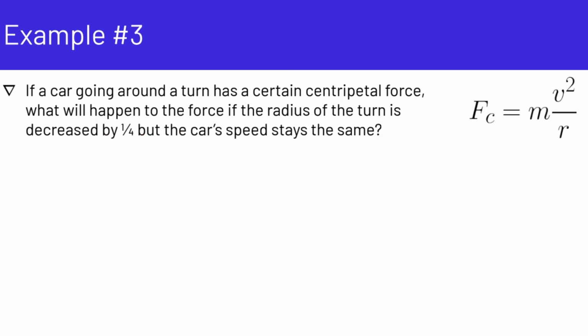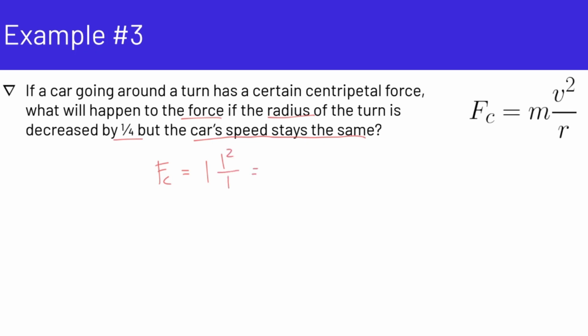All right, last example. So example number 3. If a car is going around a turn, has a certain centripetal force, what will happen to the force if the radius of the turn is decreased by 1/4, but the car's speed stays the same? Okay, so we have the centripetal force is equal to the mass is 1, and that's times 1 squared over 1.